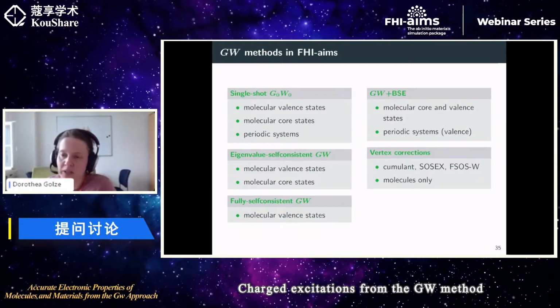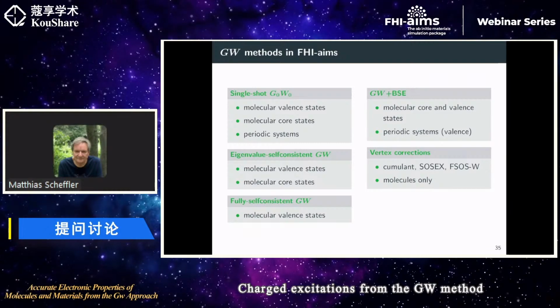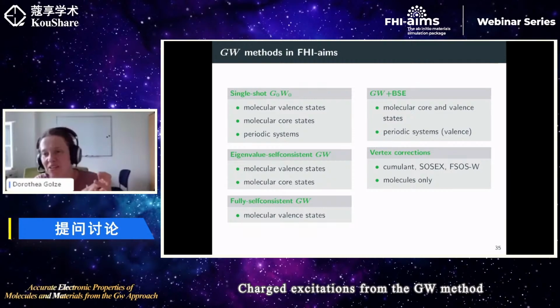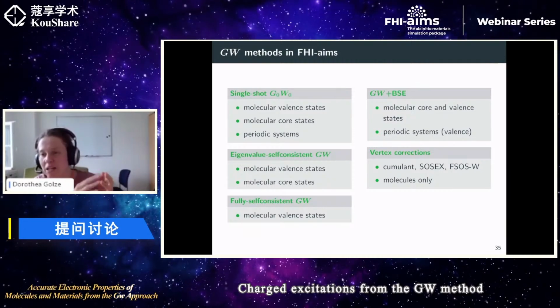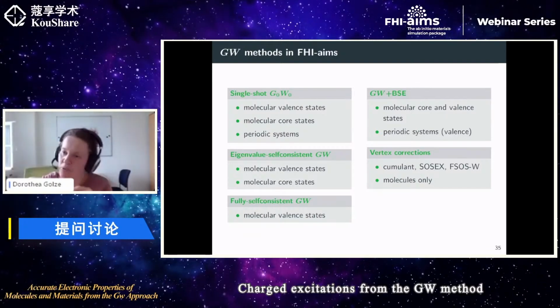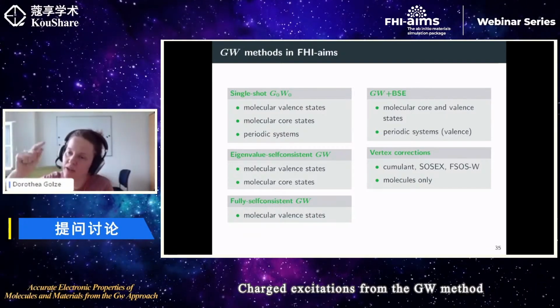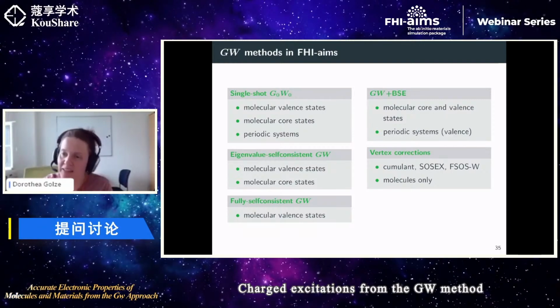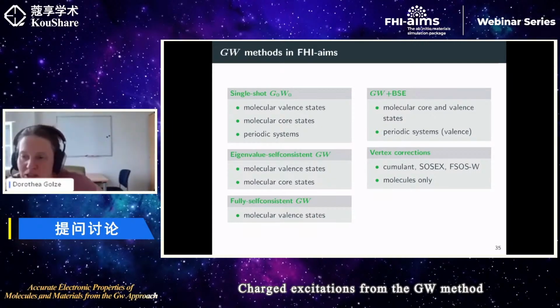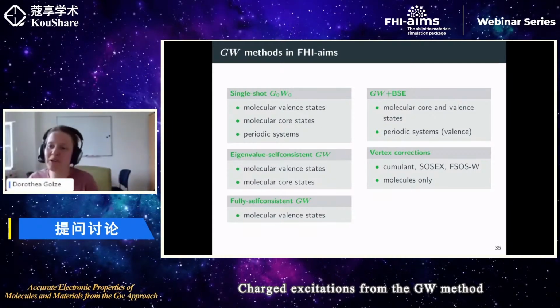Typically, if you use a Padé model with 16 parameters, you definitely have to use at least 16 frequencies. But it's better to use more, because they also enter in the second part, where you do a numerical integral in the technical implementation. So I would generally say, please use more than 16 frequency points.